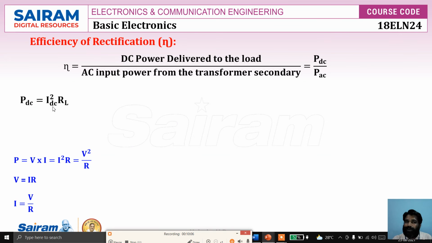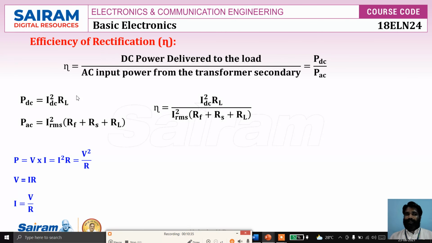So PDC is equal to IDC square into RL, and PAC is equal to, for AC we consider the RMS value, so IRMS square into (RF plus RS plus RL). See here, for DC we consider only RL. For AC we consider the resistance offered by the diode, the transformer secondary, as well as the load resistor.